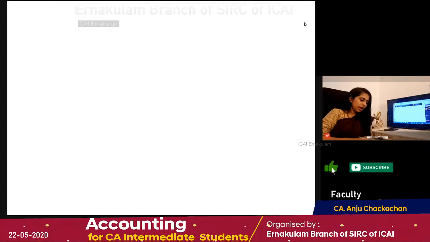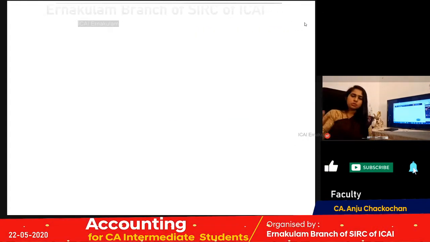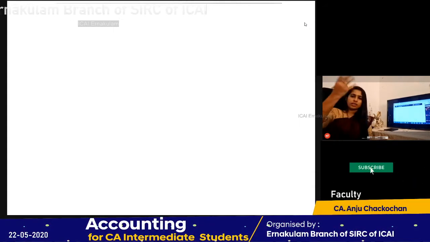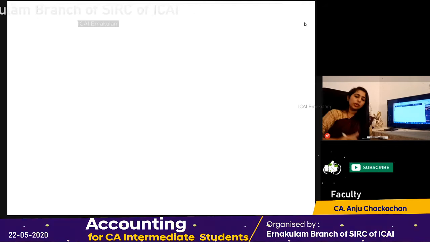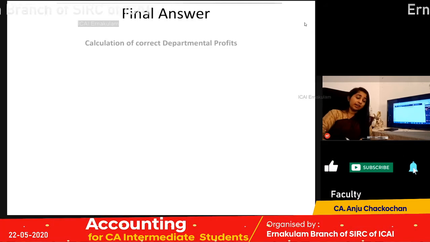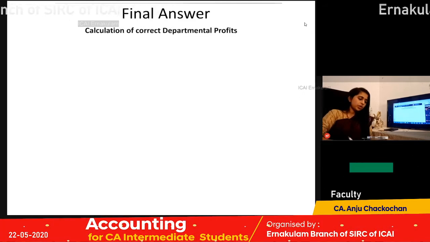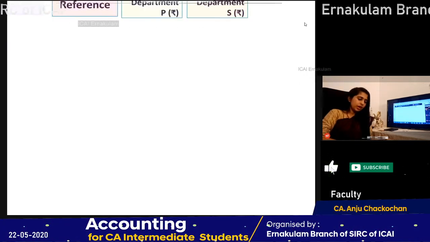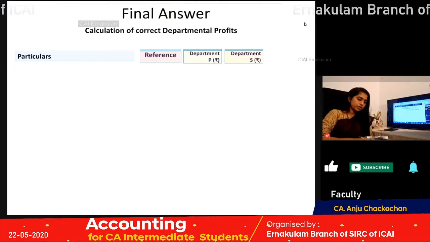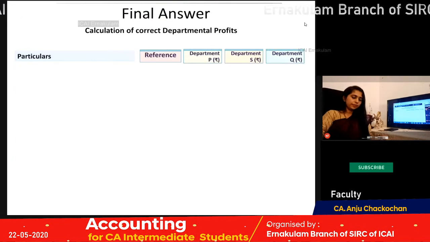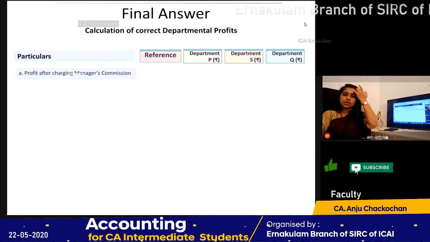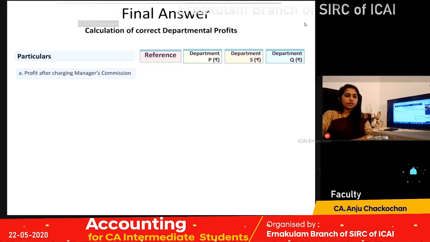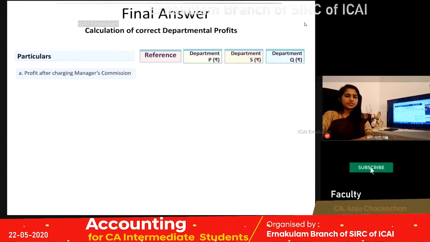Fine. Now what is pending? You just have to post in these figures to the final computation, right? And then you will have to compute the corrected profits. Okay, make it fast, students. Compute the answers for the final profit. Compute the corrected profits, everyone. Compute the corrected profits and give me the answer for that. Okay, good. Anandu, yes.